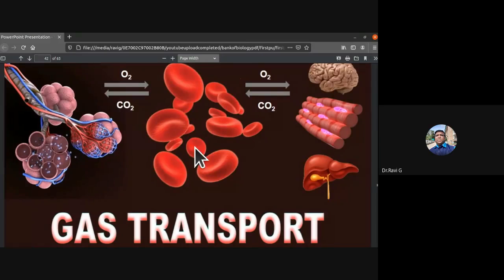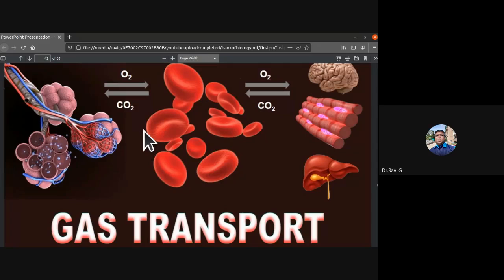This impure blood with more carbon dioxide is carried to the alveoli through the capillaries, where they undergo exchange of gases by diffusion. As a result, the blood becomes oxygenated and this cycle goes on. This is how gaseous transport is happening.